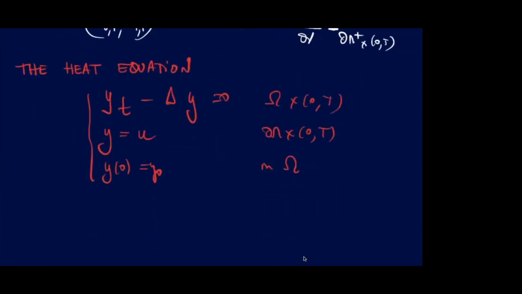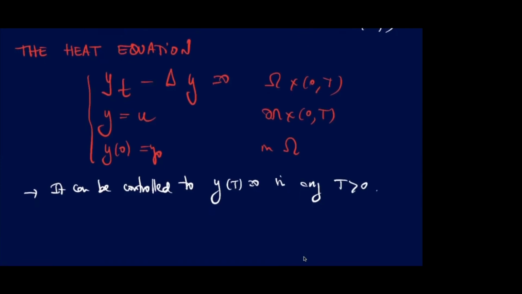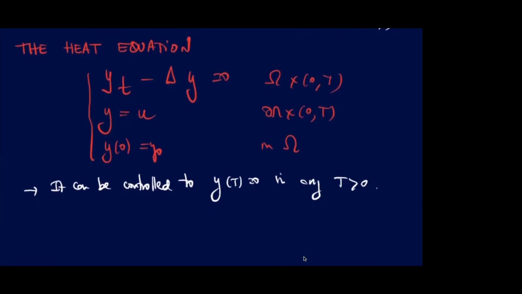And then in that case, you can guarantee that it can be controlled to 0 in any time, right? So the heat equation in some sense behaves like the finite dimensional systems, right? And this is due to the fact that the dissipativity of the Laplacian in the heat equation is so large, right? This generates an analytic semigroup.